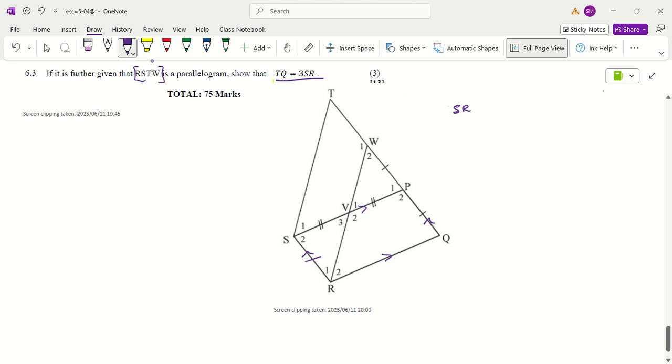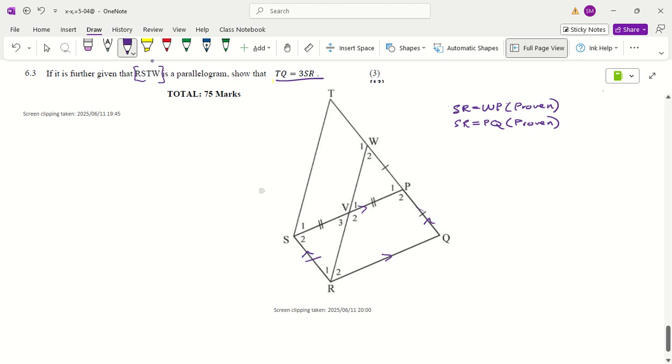So this is proven. And then we've proven that SR is equal to PQ, and it's because of the parallelogram. So this is also proven.